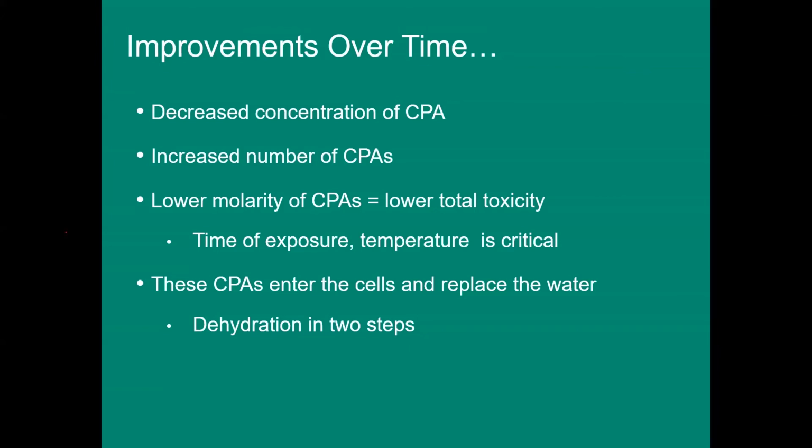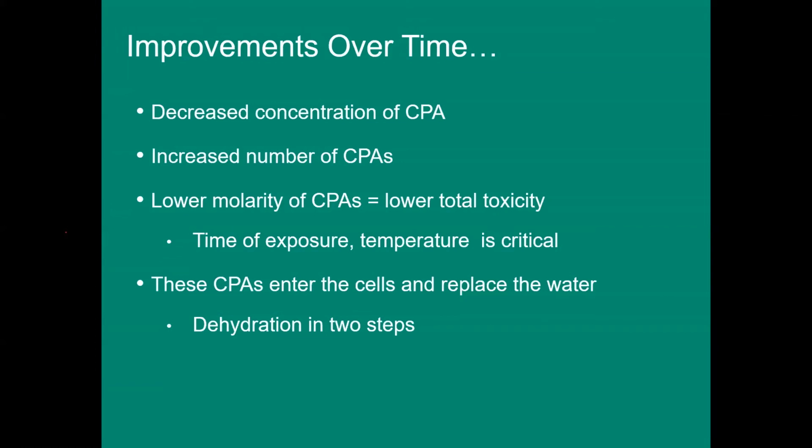And we found that combining two or more cryoprotectants helps to reduce the concentration. When we reduce the concentration, we reduce the molarity, and that all helps to reduce the cytotoxicity. So lowering the molarity means that we're lowering the cytotoxicity. We also know that the toxicity is time and temperature dependent.